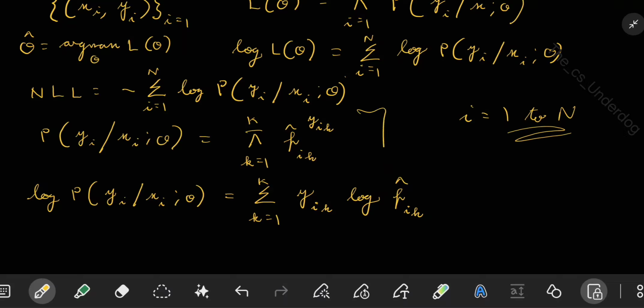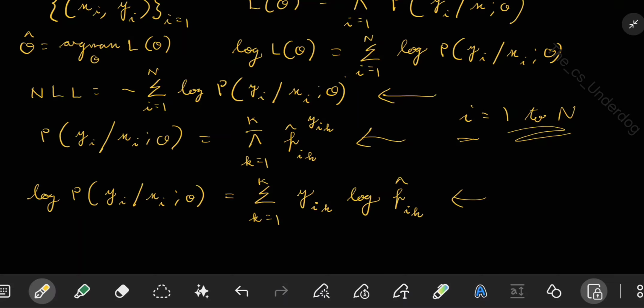Here we considered just one sample, and here we were considering all the n samples. That is why there is a sigma i equal to 1 to n in front. But here I just considered one sample so that the explanation becomes easy. Actually we have to sum over all the n samples like we did here.